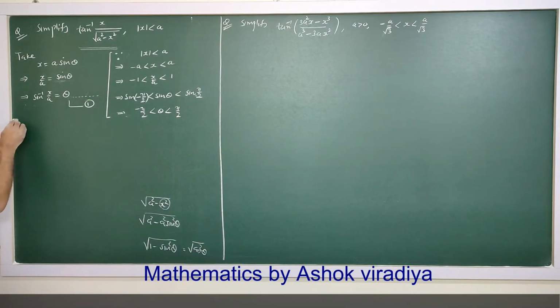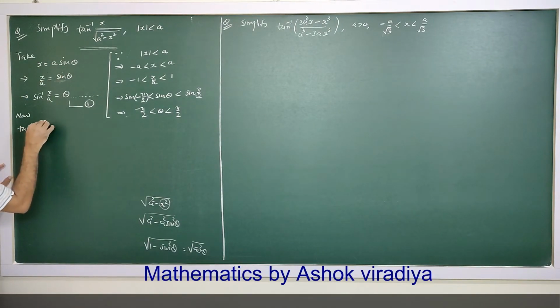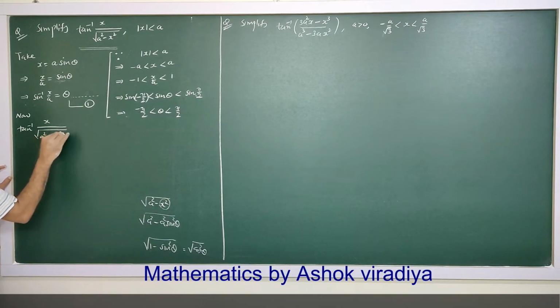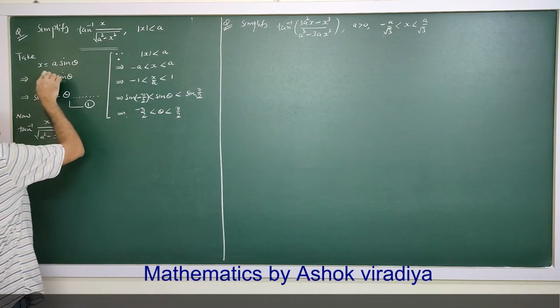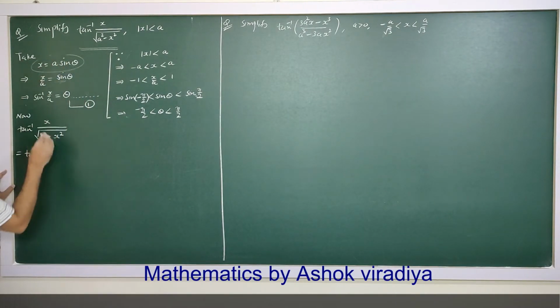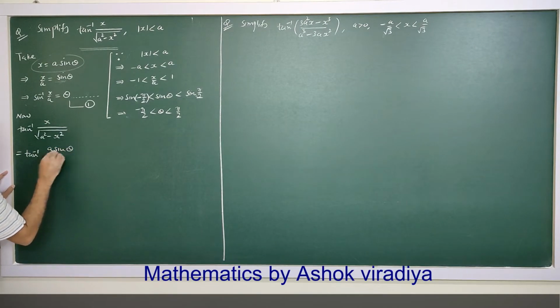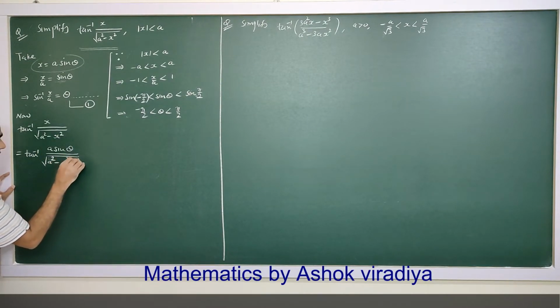Now in the given expression, tan inverse x upon root a square minus x square, we put in the values. It equals tan inverse of x, which is a sine theta, since we have taken x equal to a sine theta, upon the square root of a square minus x, whose square is a square sine square theta.